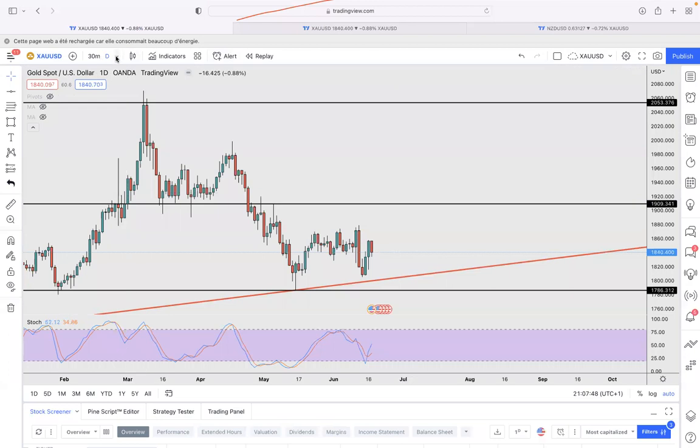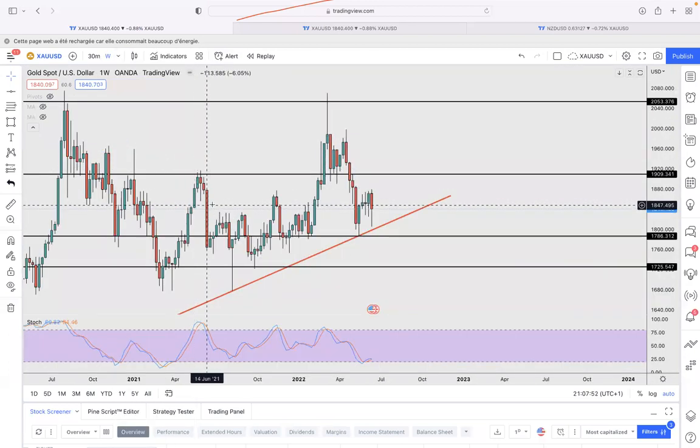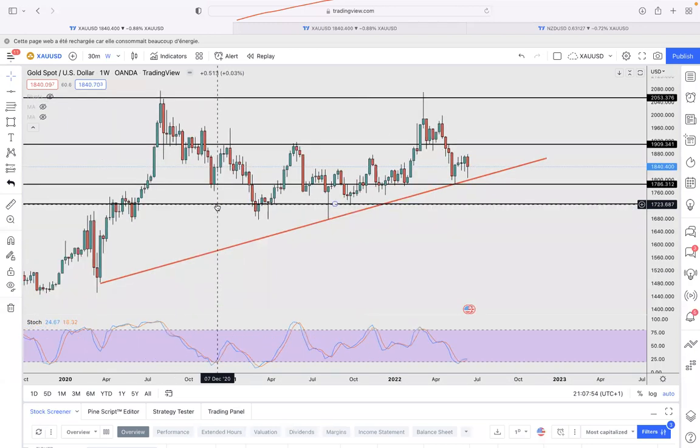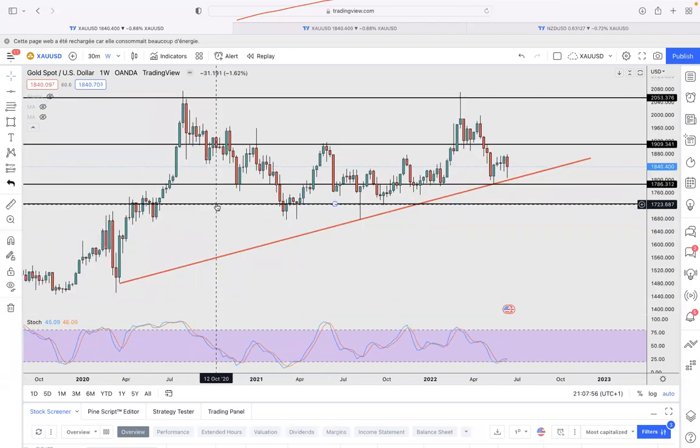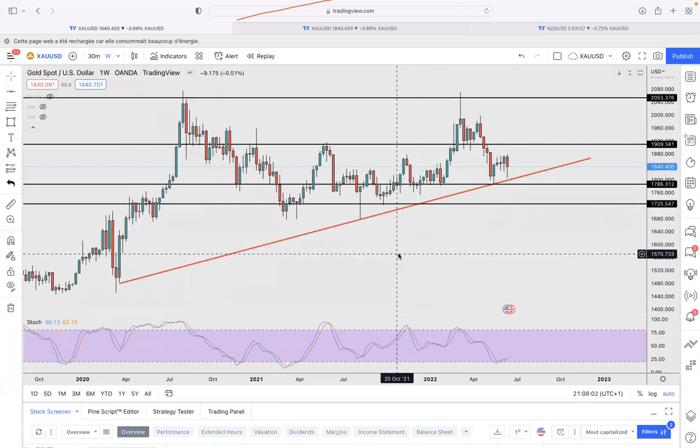So here exactly the same thing. So the first, guys, come on, I'm gonna ban you from the live if you keep drawing on the charts.